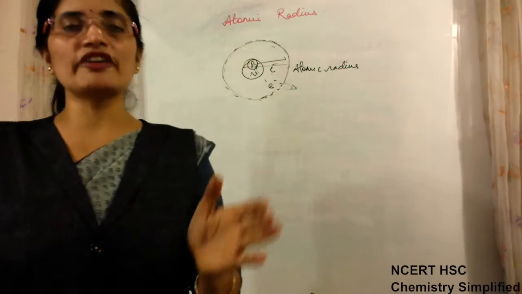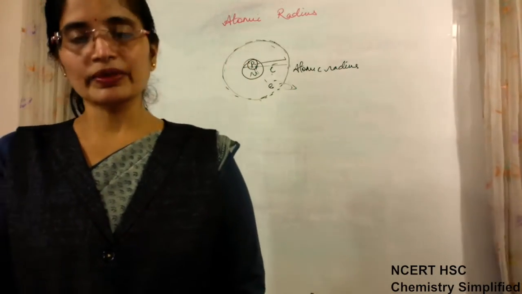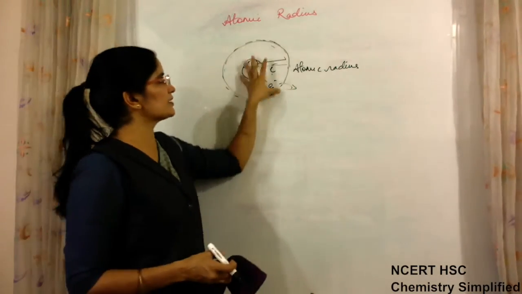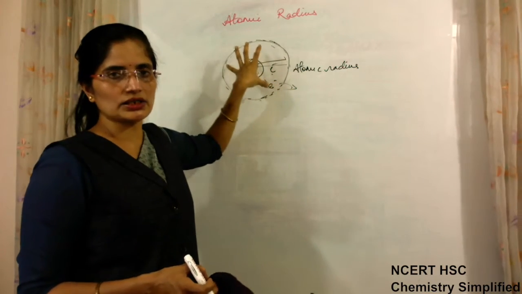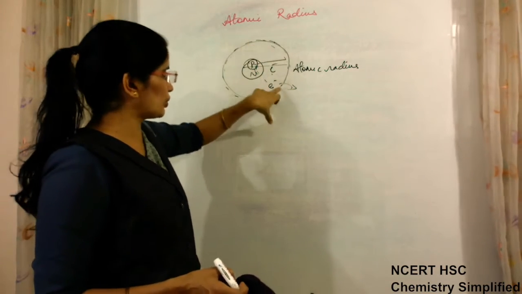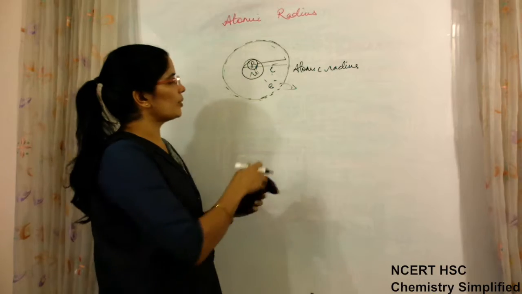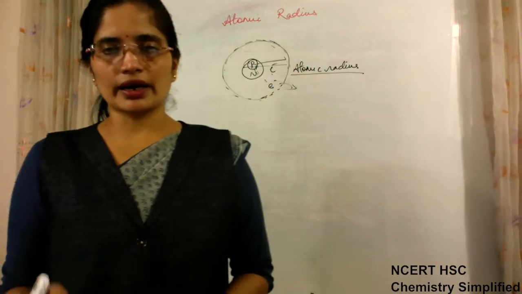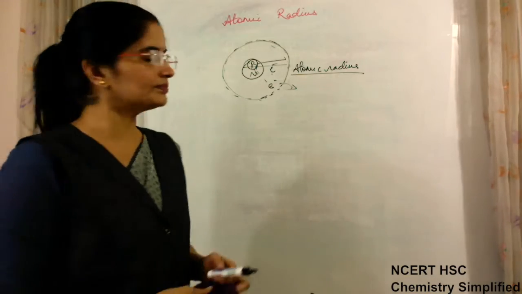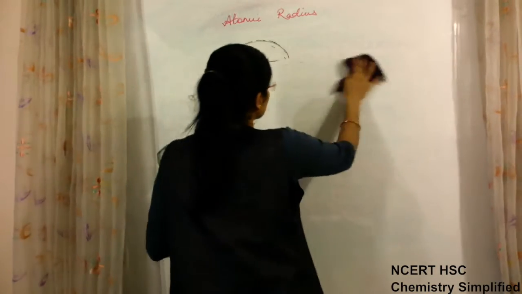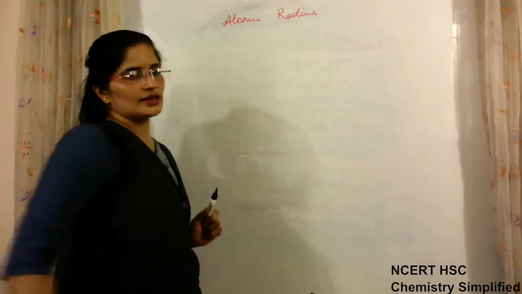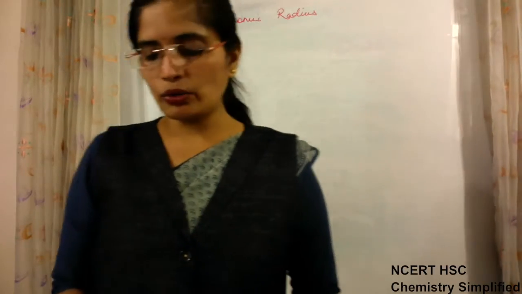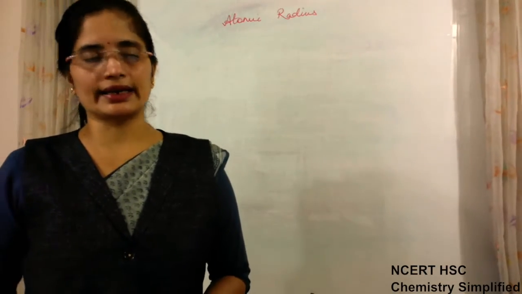It is just a diffused cloud-like area, an attraction sphere of the proton. So atomic radius cannot be measured as we measure the radius of a circle. One reason is that atomic radius does not have well-defined boundaries, so it cannot be measured directly.